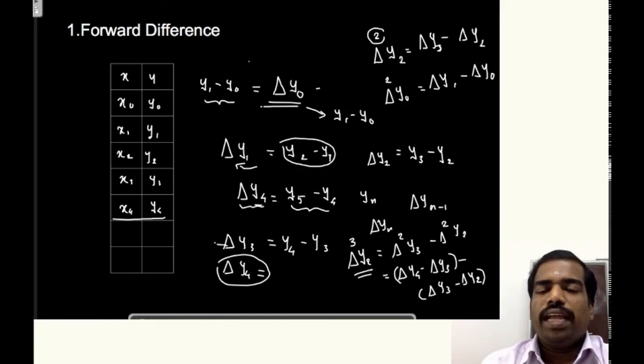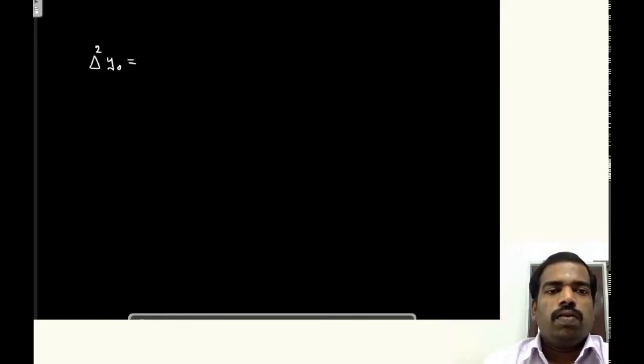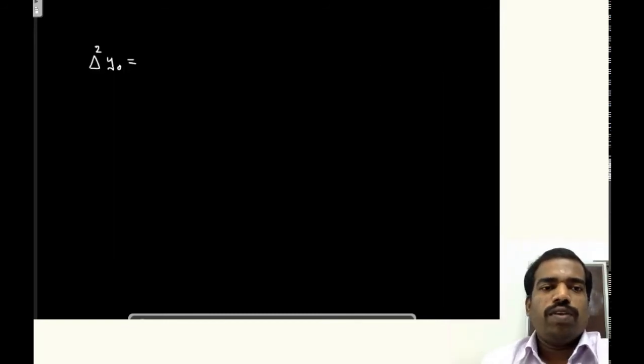Now we can find the last one, delta square y0. Please write delta square y0 as delta y1 minus delta y0. Now substitute delta y1 and delta y0 and find the final answer. Hope you wrote the value of delta square y0. So what is delta square y0? It is delta y1 minus delta y0.